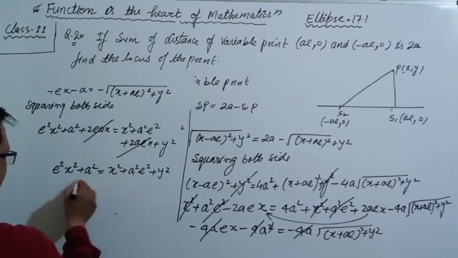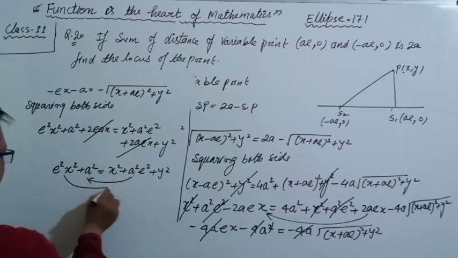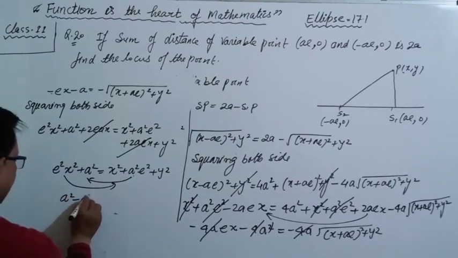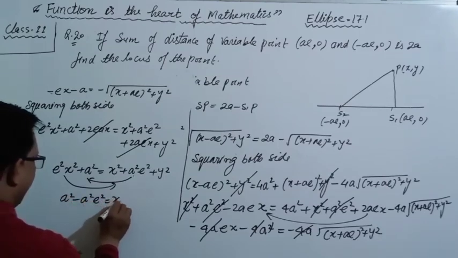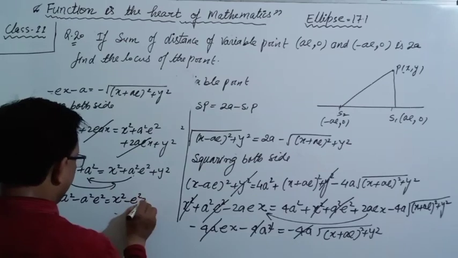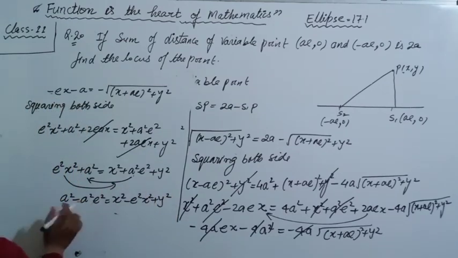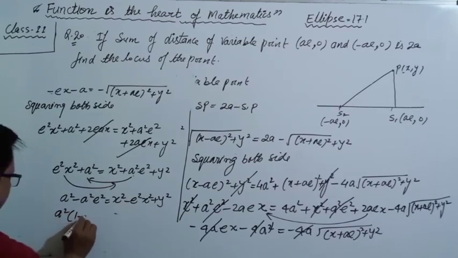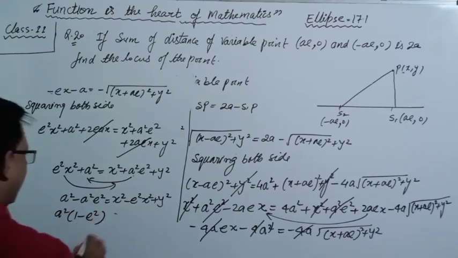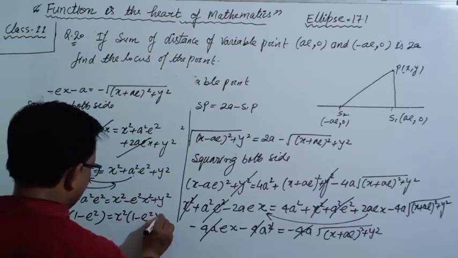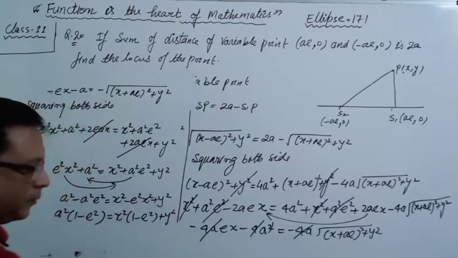We move this in this direction and this in this direction. So we have a square minus a square e square is equal to x square minus e square x square plus y square. Here we take a square common, then we get 1 minus e square. Here also we take x square common. We have 1 minus e square plus y square.